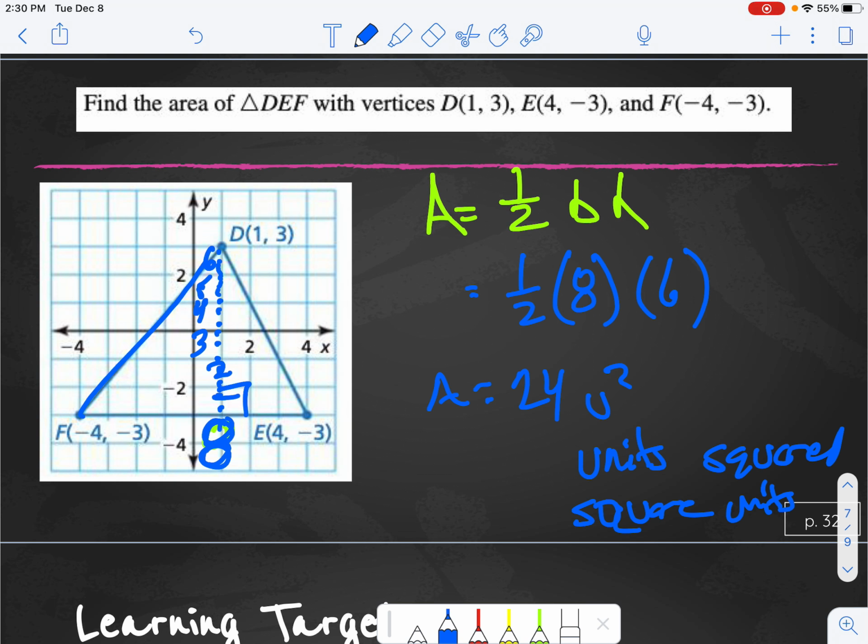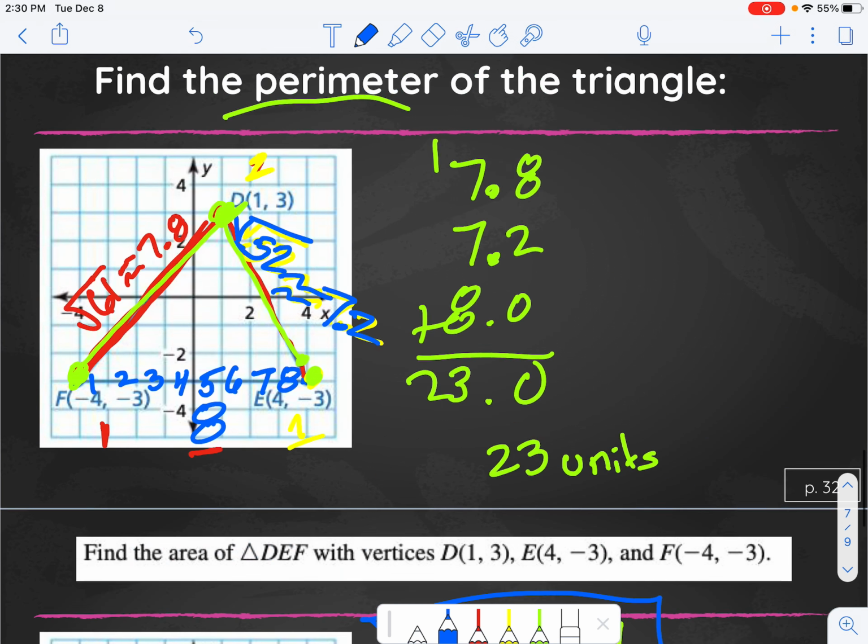Now, most of them, when we find the area, won't be quite this easy, where all you need to do is count boxes. There might be a little bit more to it, but the idea is that we'll use the formulas that we already know to find area or to find perimeter.